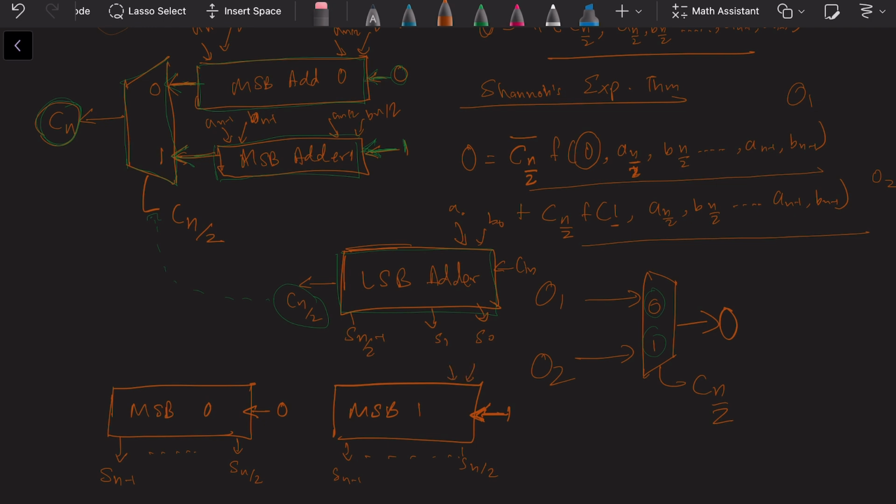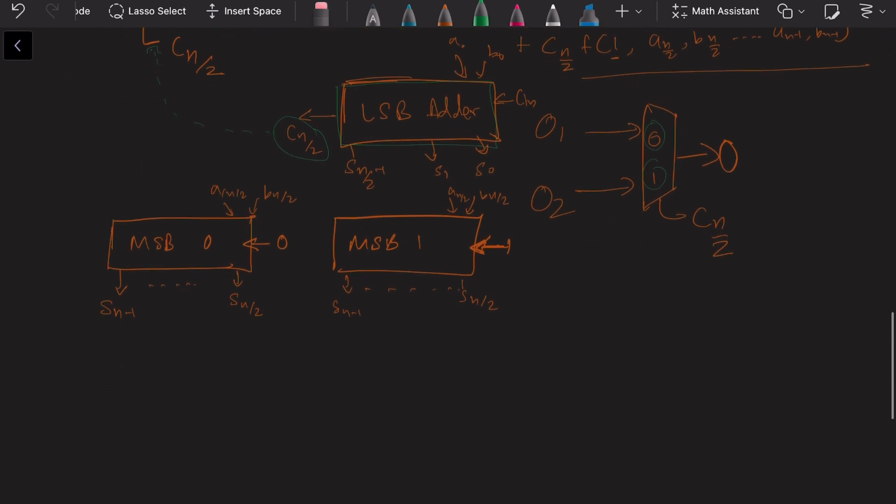They both are also getting the exact same values of A and B: A n by 2, B n by 2. Exact same thing. Same as the one that I've drawn here.